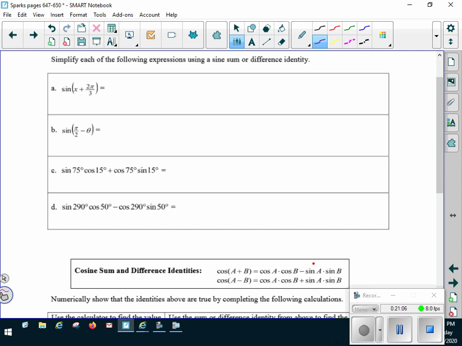All right, sine, and we got a minus in between those two angles. Sine of the first, cosine of the second, plus or minus stays the same. Cosine of the first, sine of the second. The way I'm saying it out loud is how I remember it. You find a way for you to remember it.